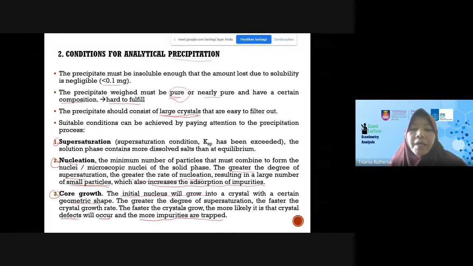So in this case, we have to control the rate of nucleation and also the rate of crystal growth, so that we will minimize the absorption of impurities and the number of impurities trapped inside the crystal, or the formation of crystal defects. So we have to control both, so that we will get a nearly pure precipitate.